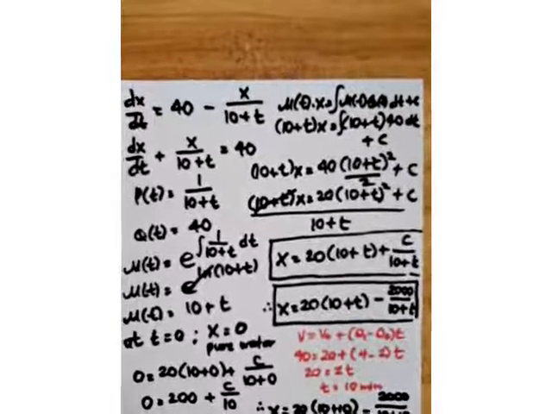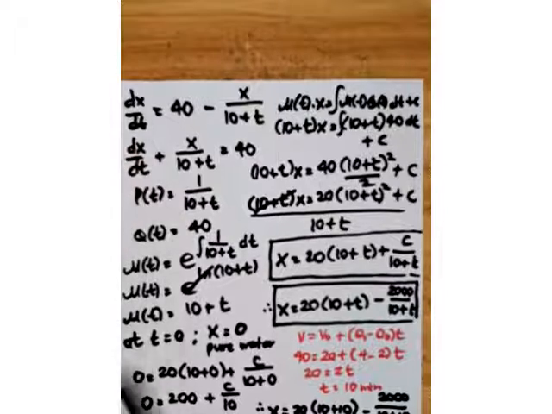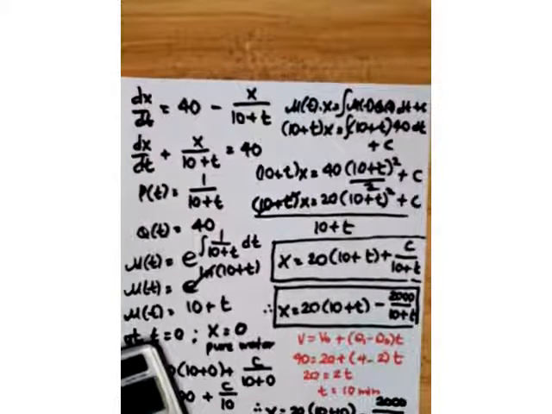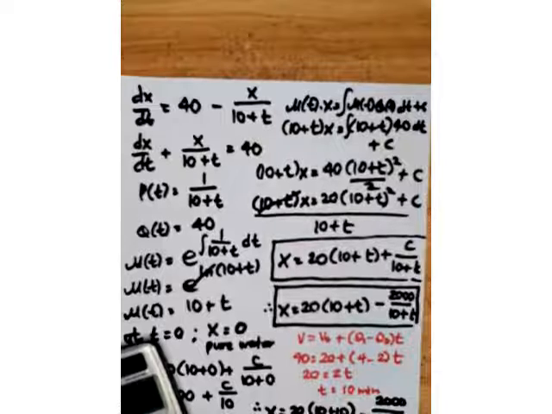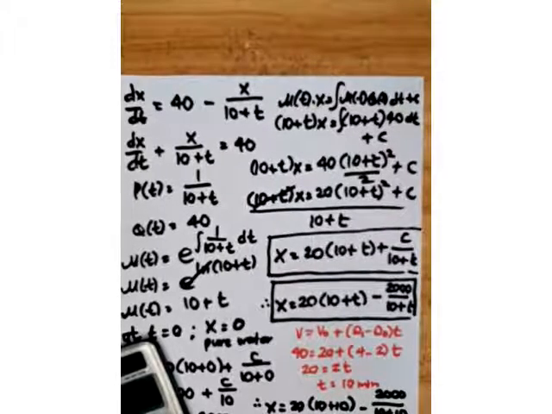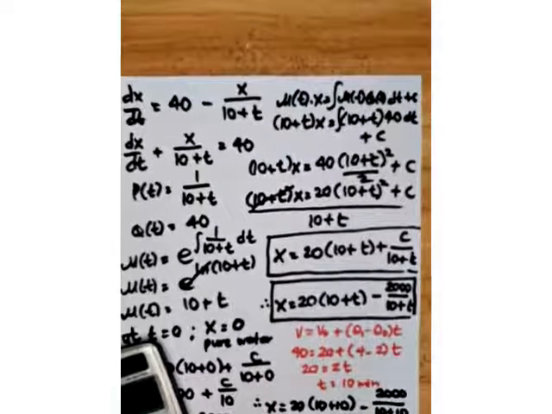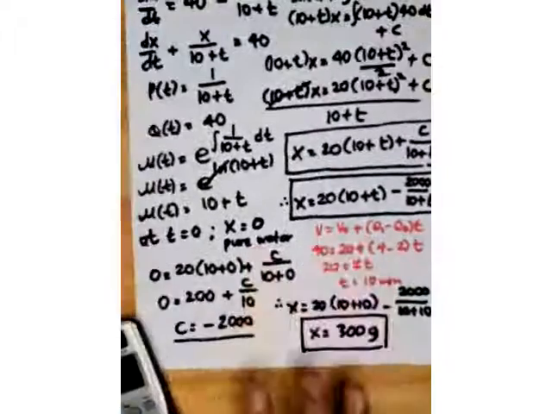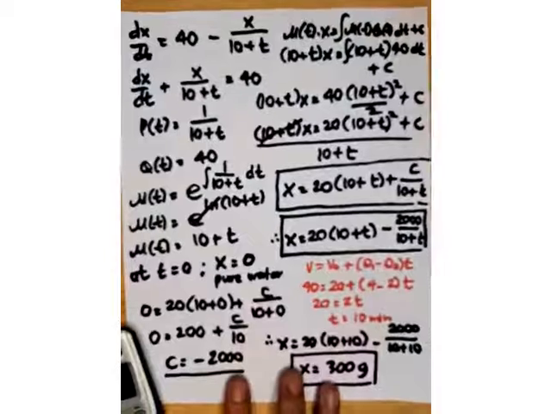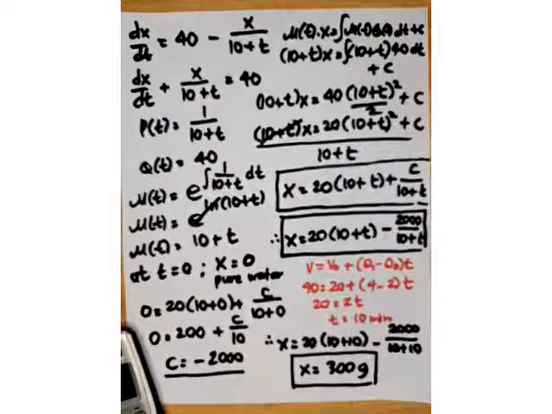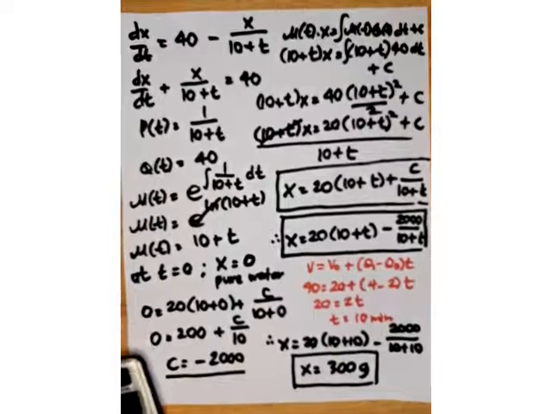So, what is the amount of substance? Okay. 300. Grams ba? Grams. So this is 300 grams. Parang sandali.